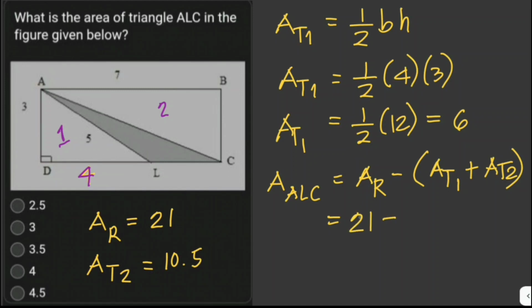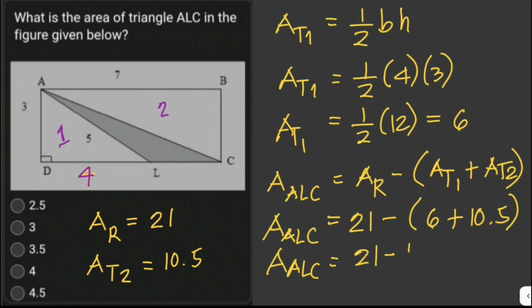So that is 21 minus 6 plus 10.5. That would be 21 minus 16.5. Therefore, the area of triangle ALC is just equal to 4.5. So the answer here is this one.